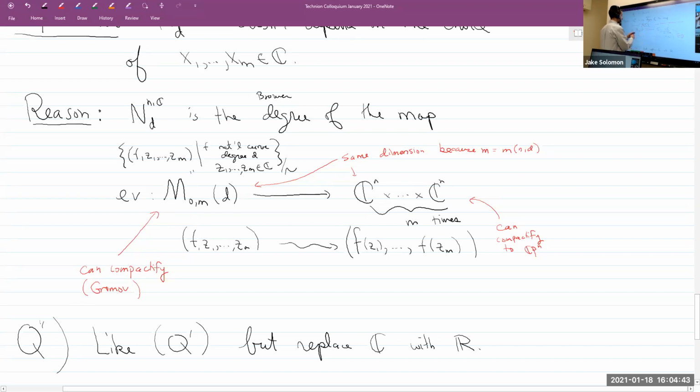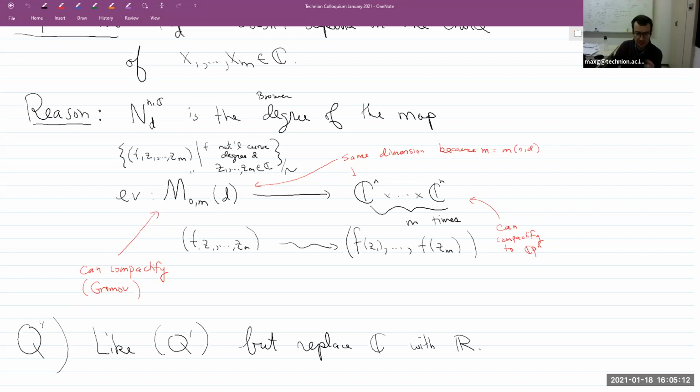If I choose a bunch of points in C^n, x1 to xm, then I can look at all of the tuples in this space, M_{0,d}, which get mapped to those points x1 to xm in this product of C^n's. You just count the number of points over here, and that's a special example of the degree of a map. So these are both smooth manifolds.